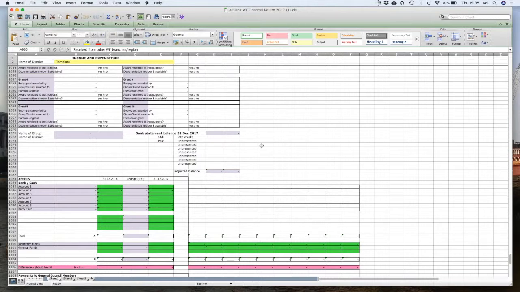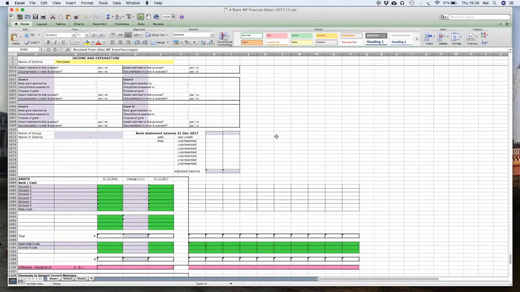And sometimes money is paid into the bank late, say early January, some money might be banked. And again, we adjust it here because we want cash and bank entries that relate to 2017 to appear on the return for 2017.